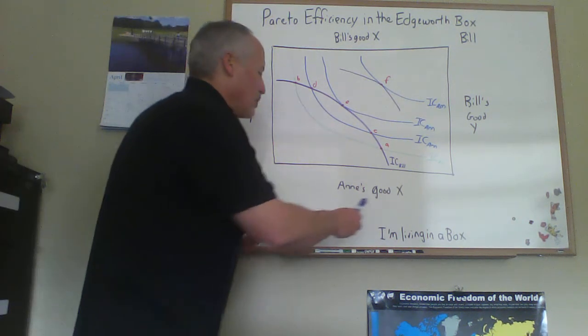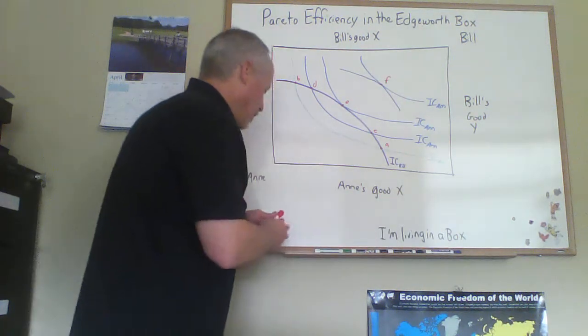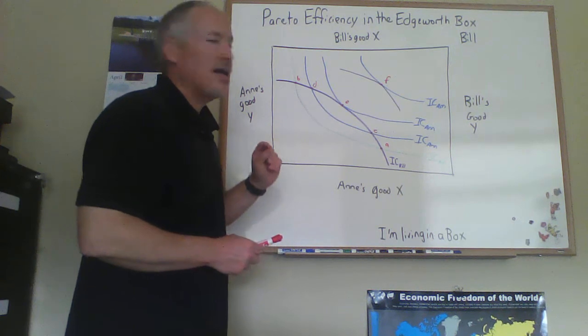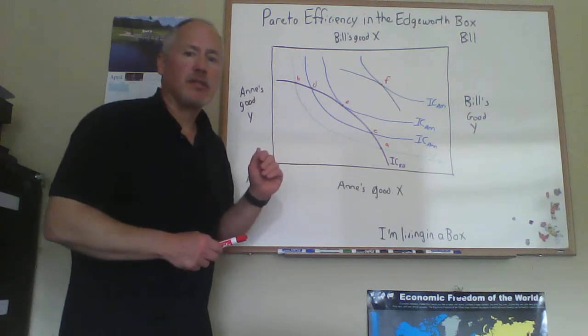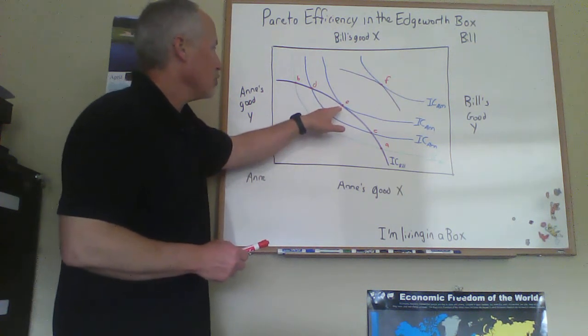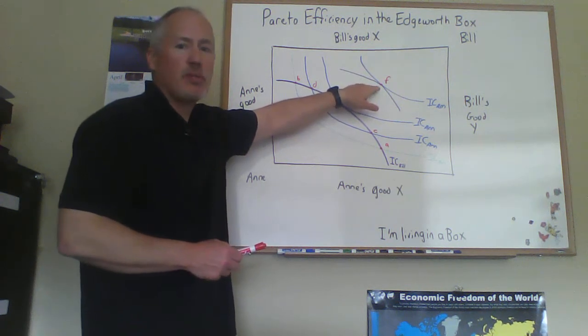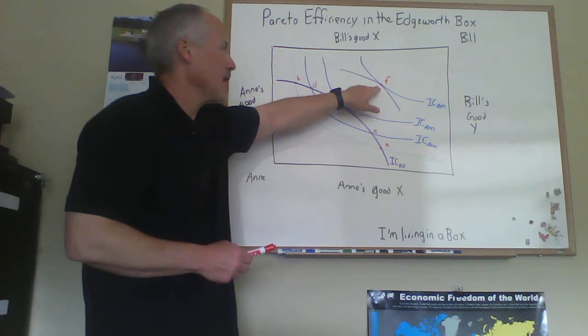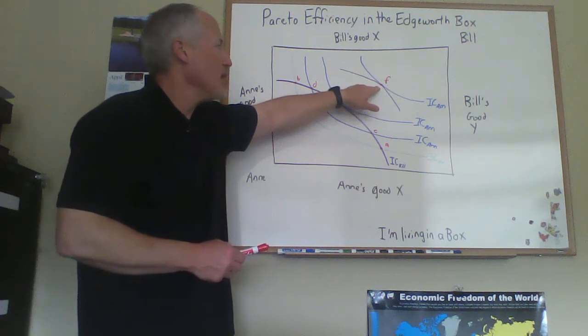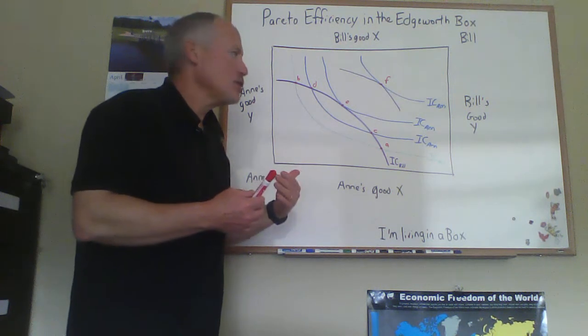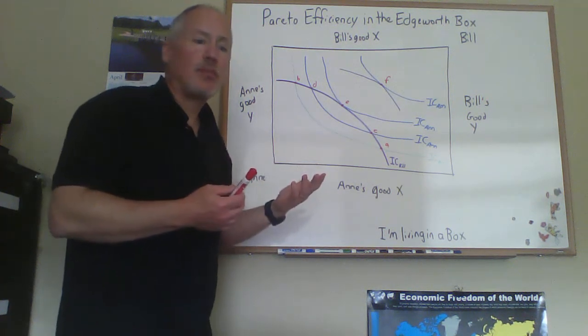Now, if we think about Pareto optimality or Pareto efficiency, what would turn out to be the case is that there's lots of different Pareto efficient points in the Edgeworth box. Actually, I've already drawn two in here, because here we have E and here we have F, and they're both points where the indifference curves are tangent. Every point in the box where the two persons' indifference curves are tangent is a Pareto optimal point.